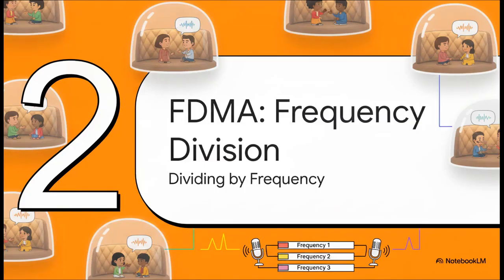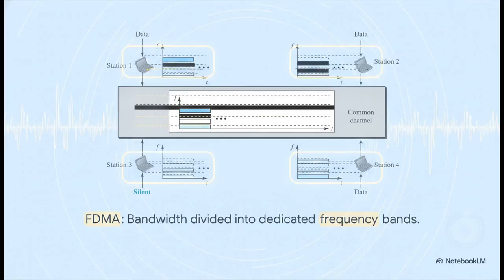Moving on to our first method, section 2, FDMA, or dividing by frequency. To use a simple real-world analogy here, think of this approach like putting pairs of communicating people into completely separate soundproof rooms. In frequency division multiple access, the available bandwidth of the common channel is sliced up horizontally into dedicated frequency bands.